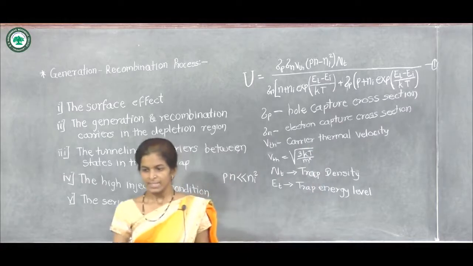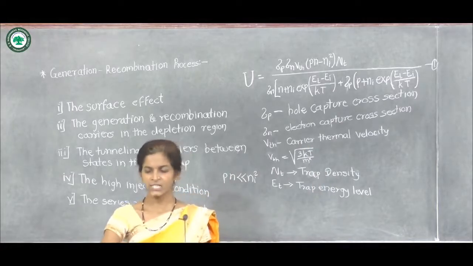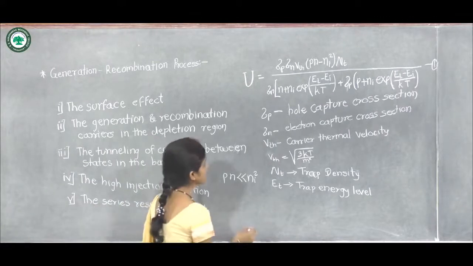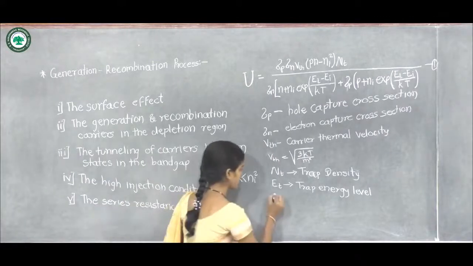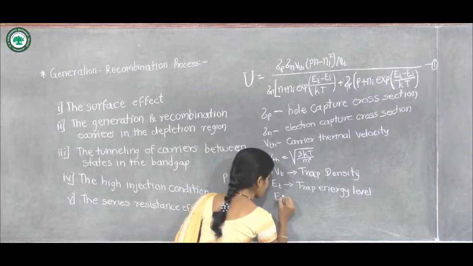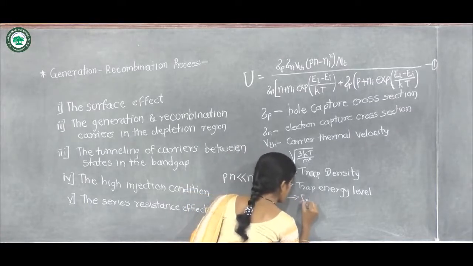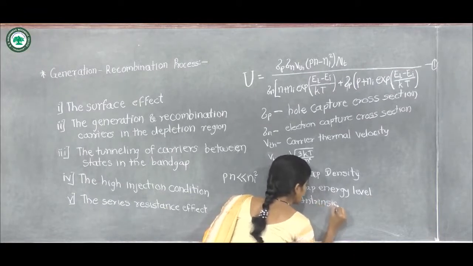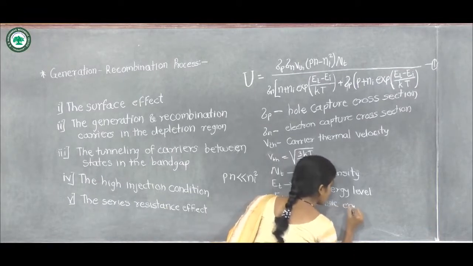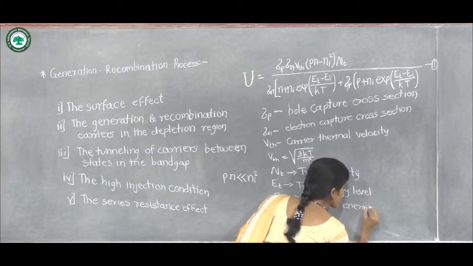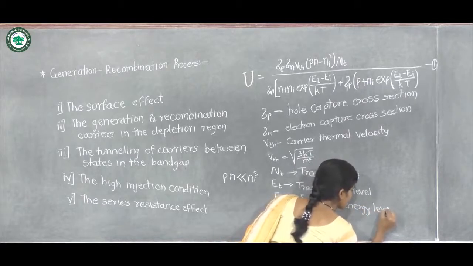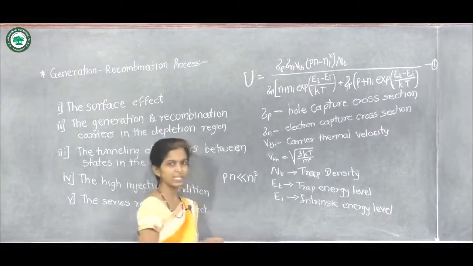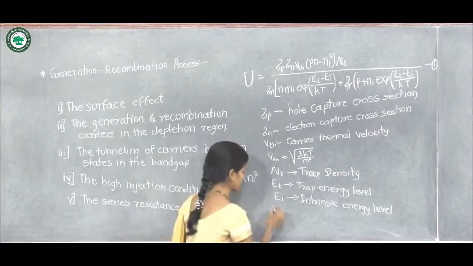Then Ei is the intrinsic Fermi level, the intrinsic energy level, and ni is the intrinsic carrier density.